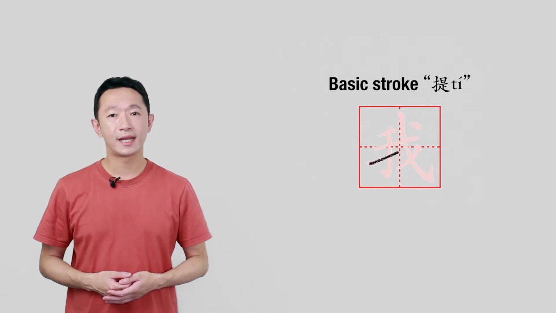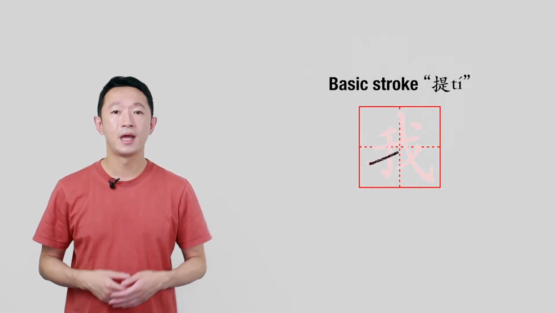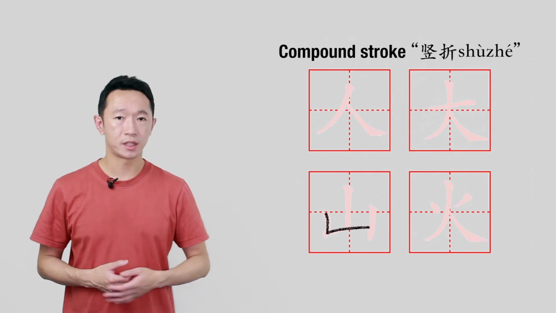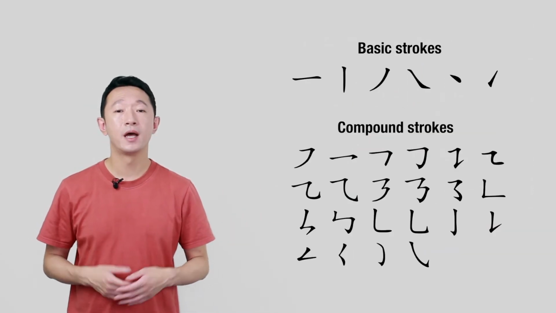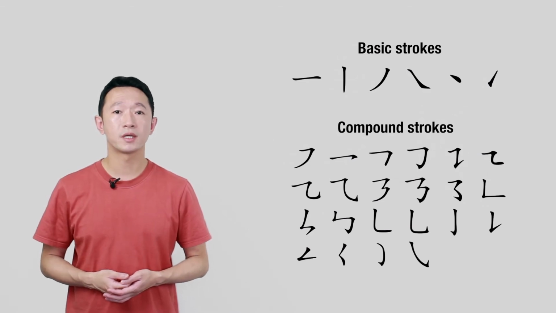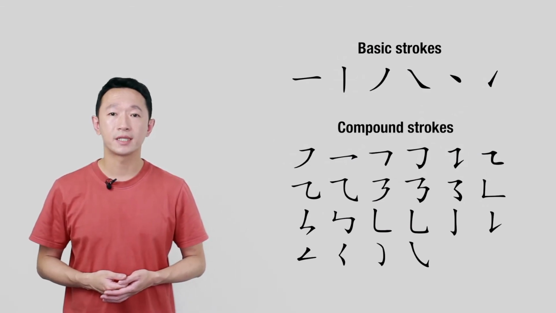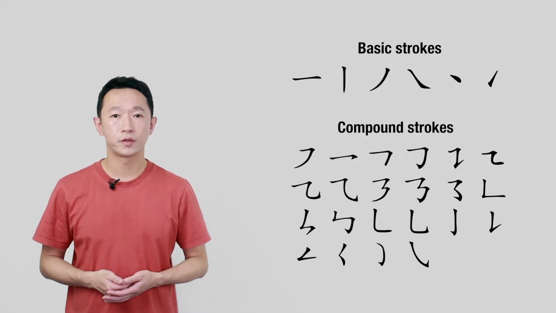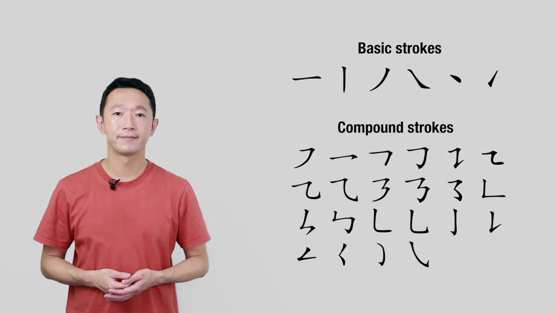We will learn it in lesson 4. Besides, we can find the compound stroke, 竖折. Compound strokes can be made when 2 or more strokes are joined together in writing. You will find more compound strokes in other lessons.